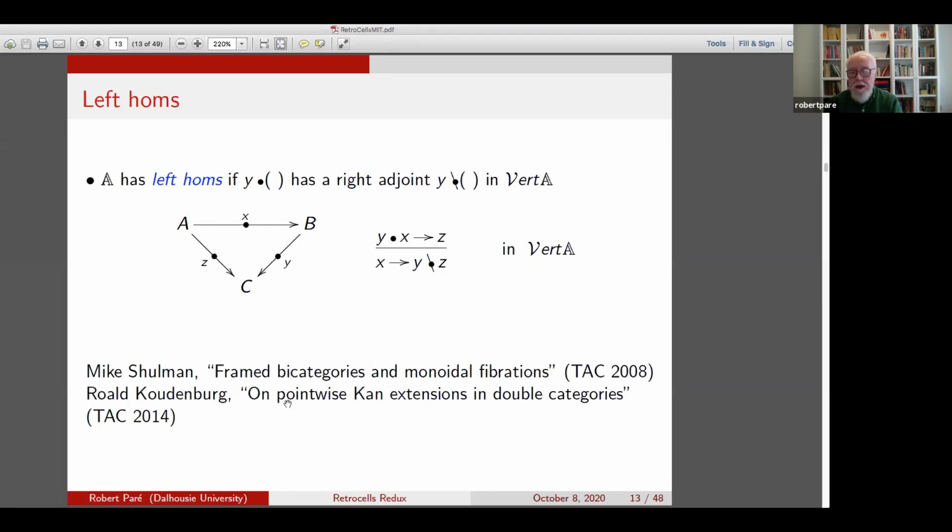So this is Y times blank, or a map, if you like: cells going from Y times X into Z are in bijection with cells going from X into Y under Z.